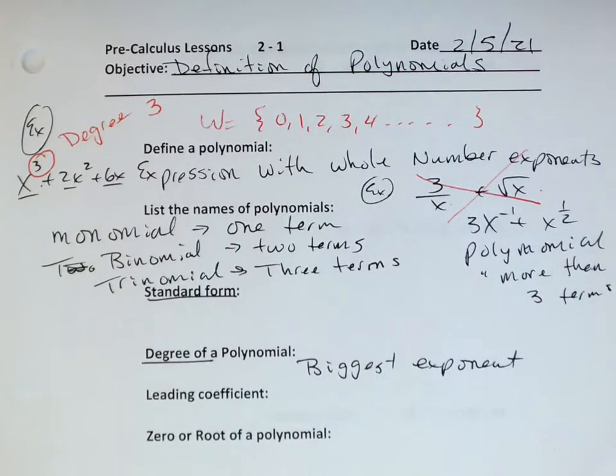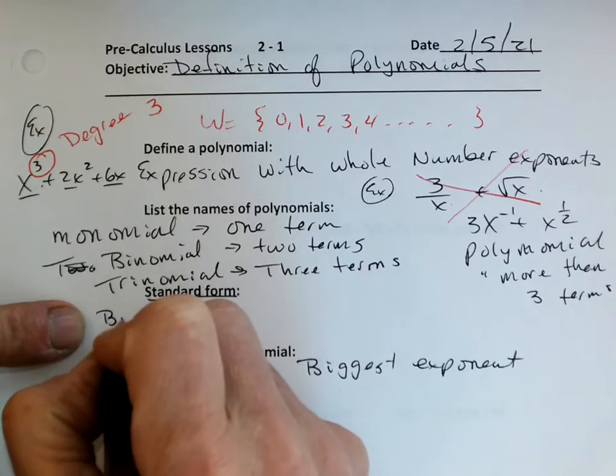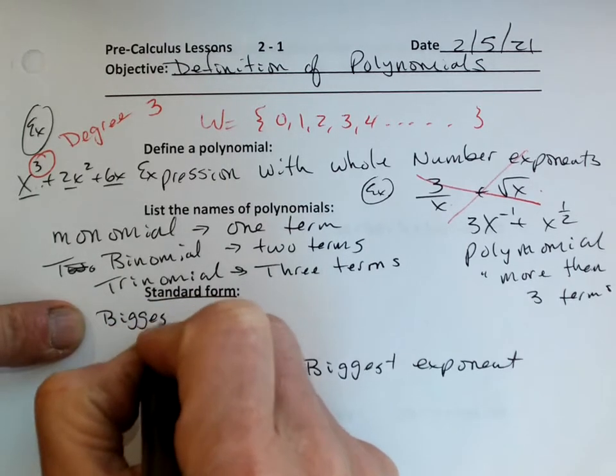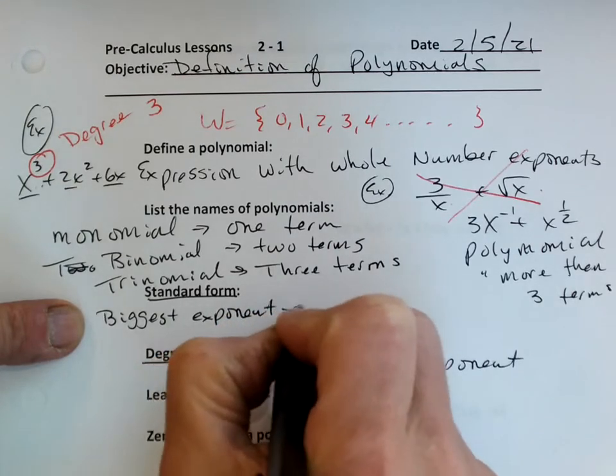Biggest exponent. It's that easy. Now the problem is sometimes we write them in the wrong order. So standard form really is biggest exponent down to the smallest. Okay?